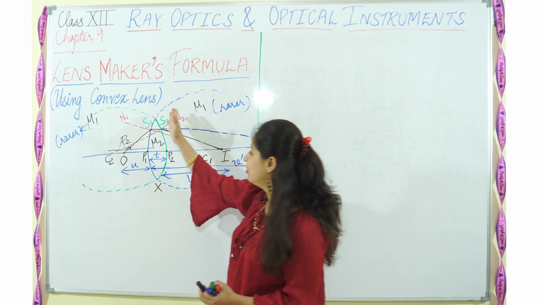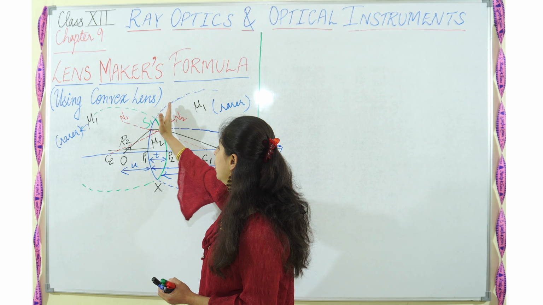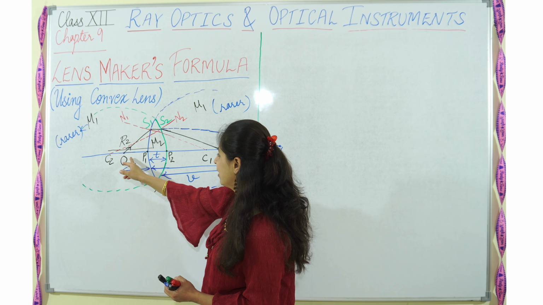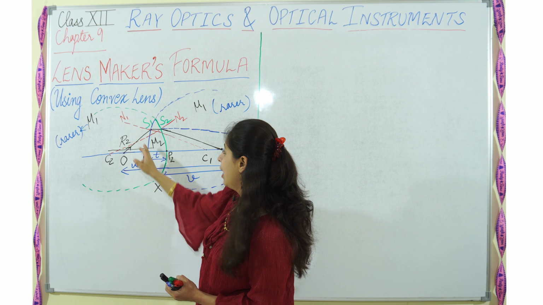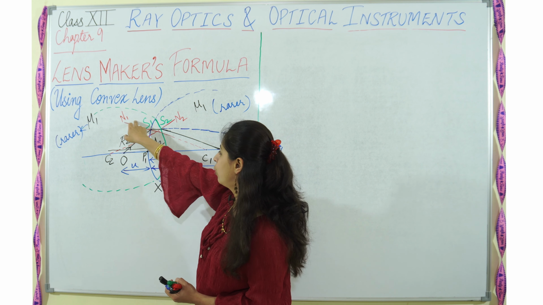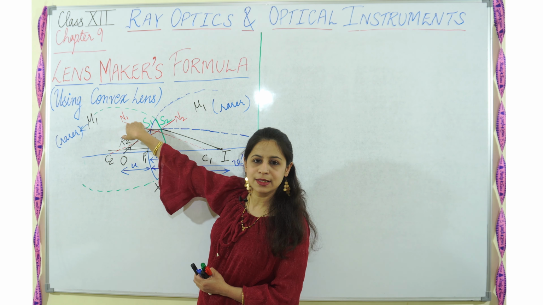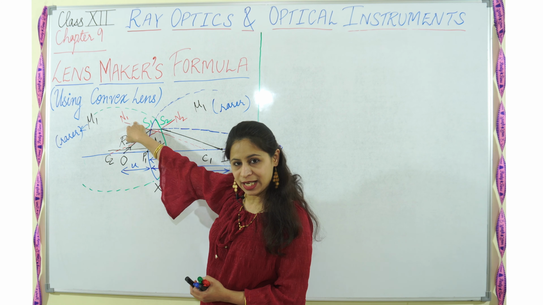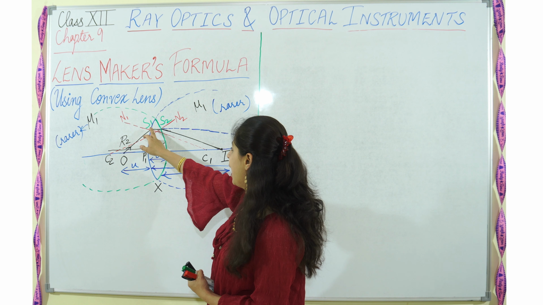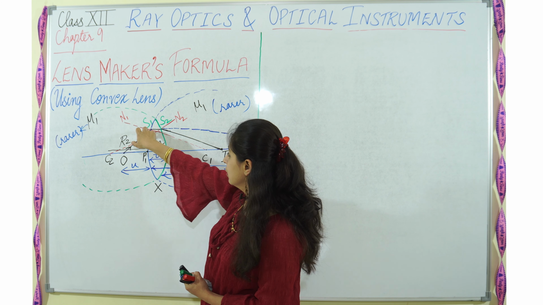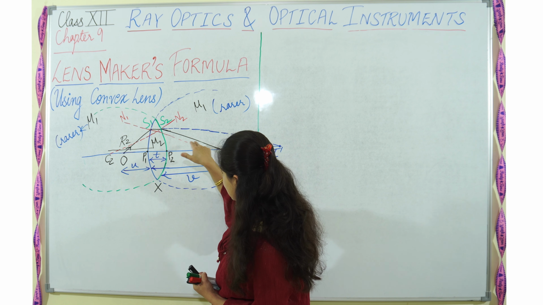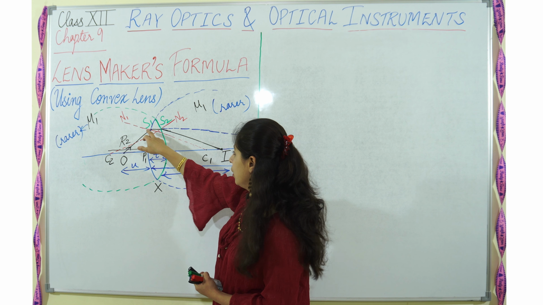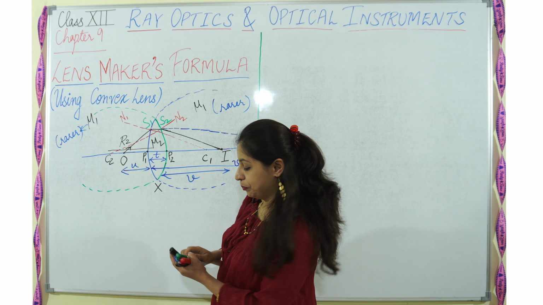Here at the surface S1, the ray is striking the surface, and the normal I have drawn with the red ink is shown over here as N1. My ray is bending towards the normal, towards this red line. So it is coming over here.